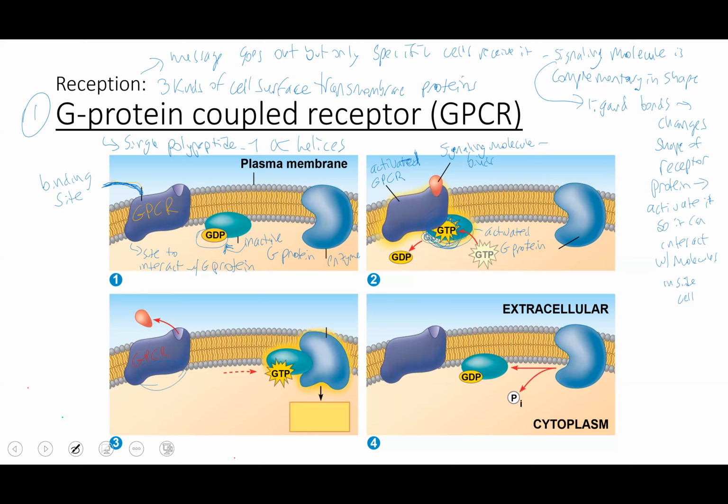The G protein dissociates from the receptor, and then it diffuses along the membrane and binds with the enzyme.